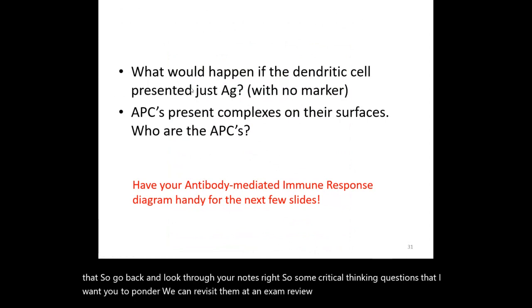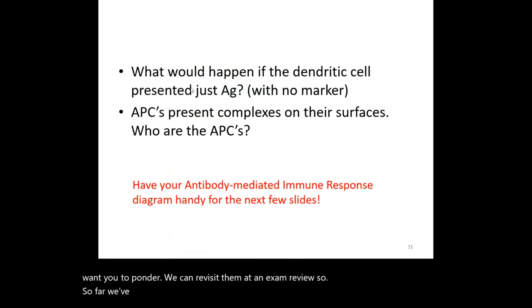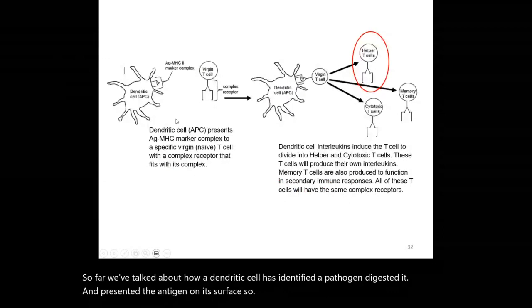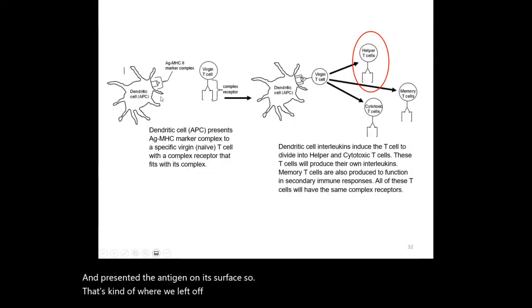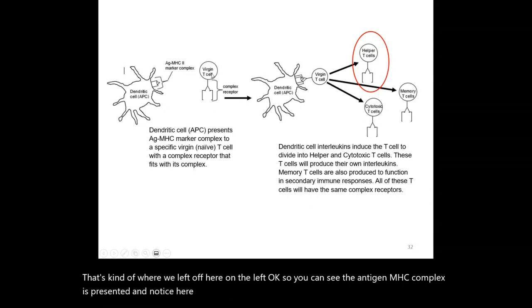So far, we've talked about how a dendritic cell has identified a pathogen, digested it, and presented the antigen on its surface. That's kind of where we left off here on the left, okay? So you can see the antigen MHC complex is presented, and notice here we have a virgin T cell, okay?